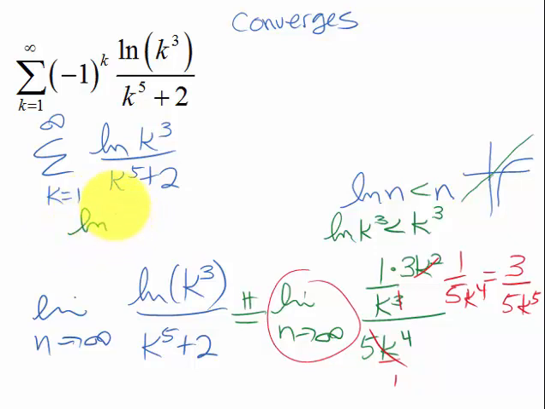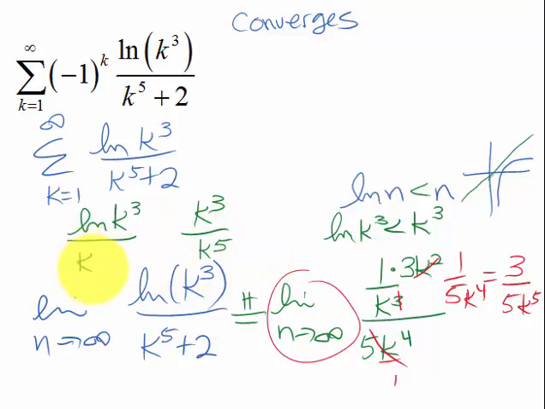If I had the natural log of k to the third, and I'm comparing it to k to the third for numerators, and for denominators, if I had k to the fifth, and over here I had k to the fifth plus 2, because I'm making the denominator bigger, I'm making the fraction smaller. So I can see that the inequality would go this way.